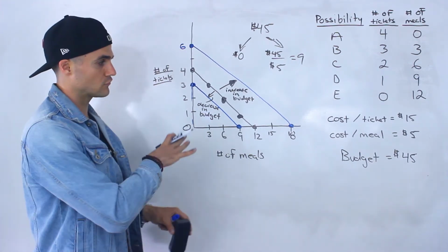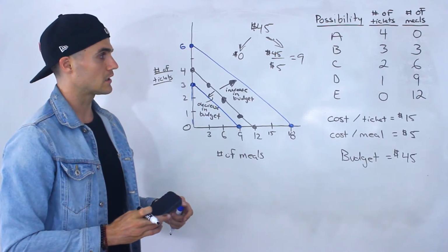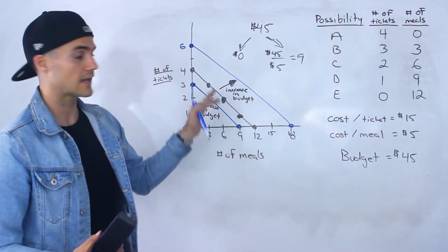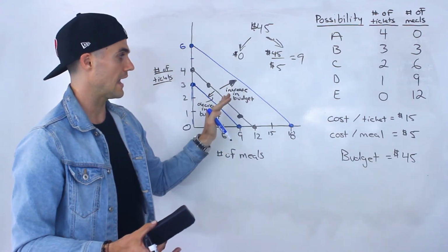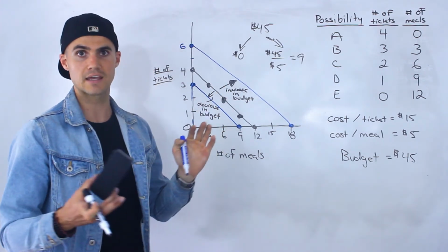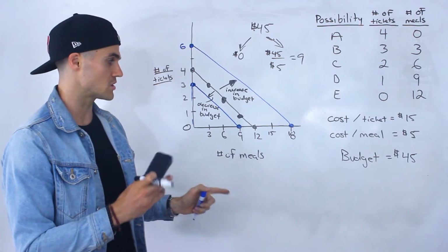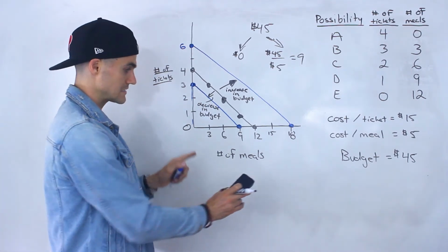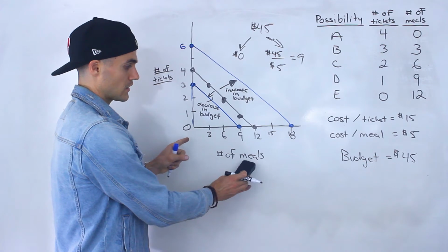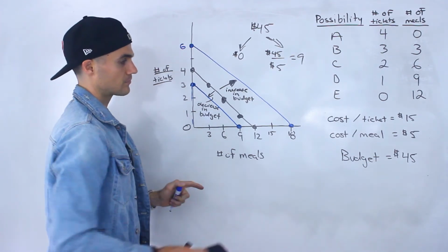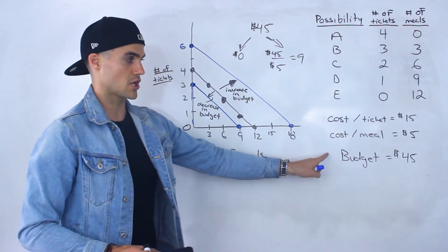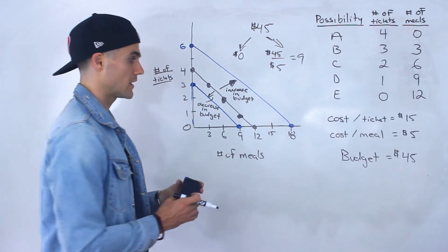So make sure that you're comfortable with this, knowing first how to create a budget line, getting a scenario, putting it in a table, creating the budget line, and then knowing how that budget line is affected with change in prices. And remember, those change in prices depends on if the product is in the X or Y axis, and then also a change in budget, and also a combination of both.